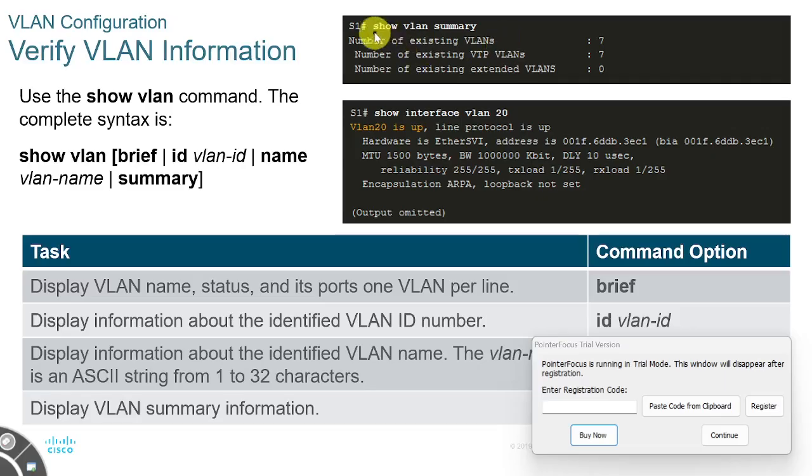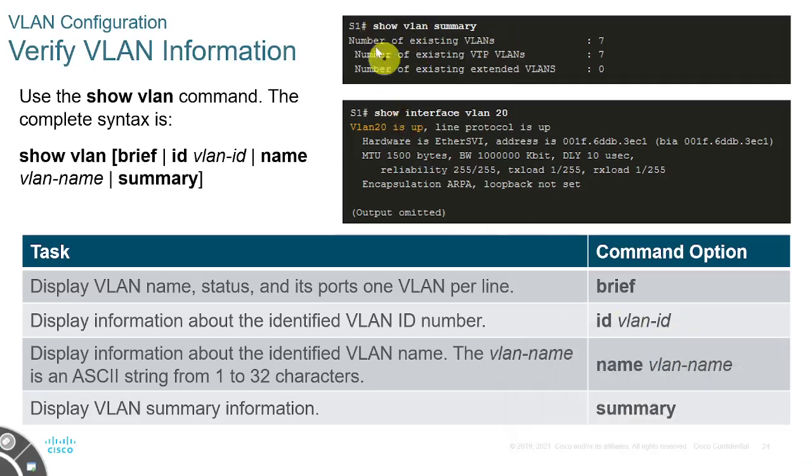So for example, if you execute on the switch show vlan summary, it will tell you that you have existing VLANs 7, number of existing VTP (VLAN Trunk Protocol) VLANs is 7, number of existing extended VLANs is 0.